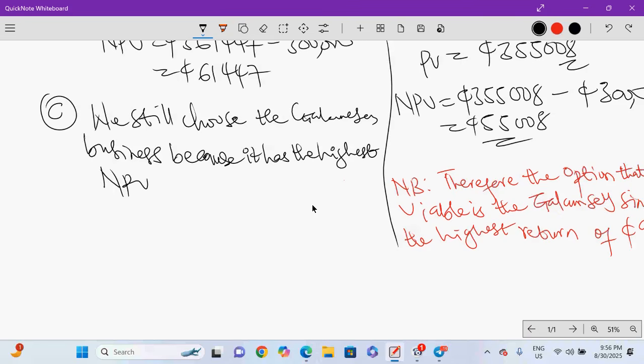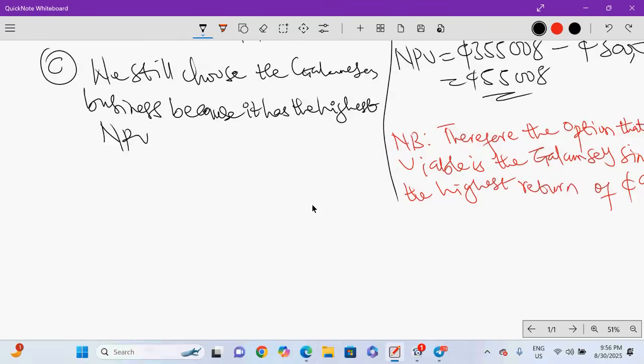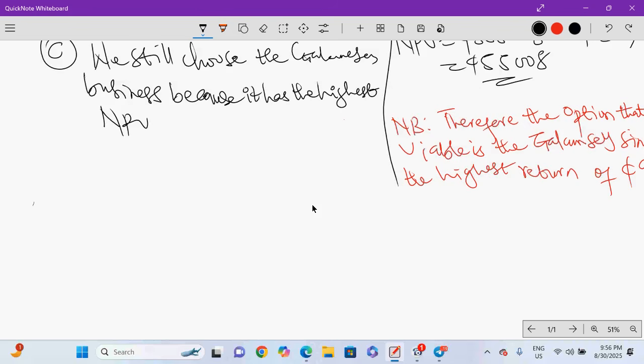They say we should compute the annual worth of each investment and explain why this metric might be more appropriate. So what is the formula for the annual worth? It is like the A that we know from the present value formula. This time around, we are going to use the net present value.